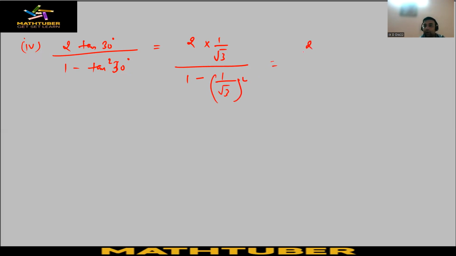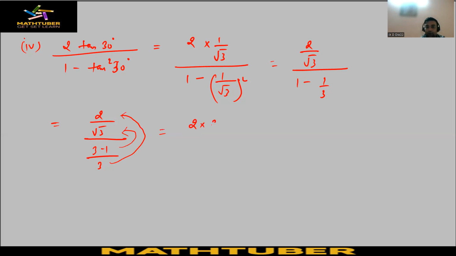So you will get 2 upon root 3 here upon 1 minus 1 upon 3, and after taking LCM in the denominator you will get 3 minus 1 by 3. So 3 minus 1 becomes 2 here, and this 3 will get multiplied with 2 and this will get multiplied with this. So 2 into 3 upon 2 into root 3. 2 will get cancelled and root 3 can be cancelled with this 3. So you will get the answer as root 3 only.